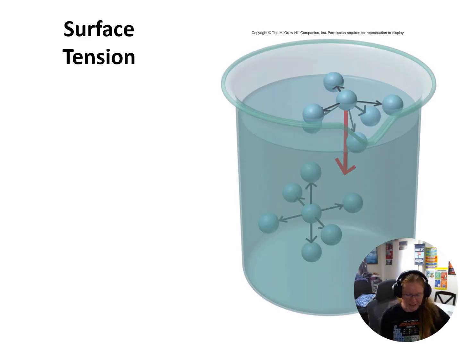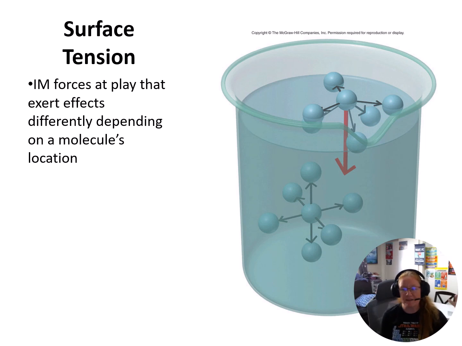Now when I look at surface tension, we've got these intermolecular forces that are going to affect things differently depending on where the molecule is. When I have a molecule in the interior, it's attracted by others on all sides. But molecules on the surface only have others on the side and below them.